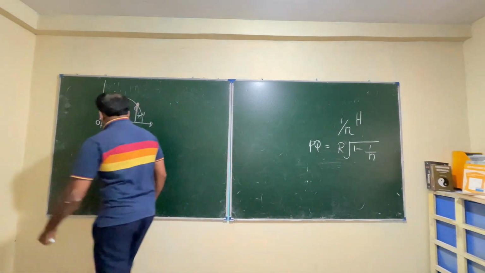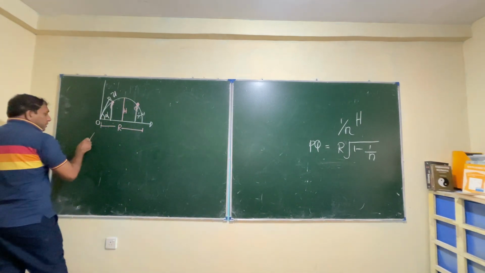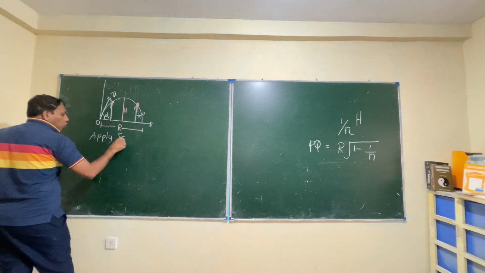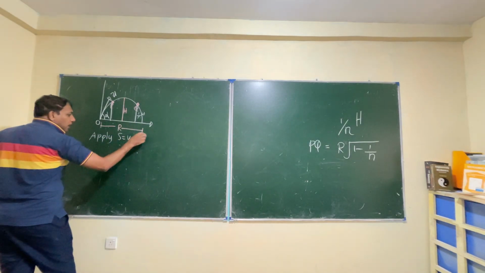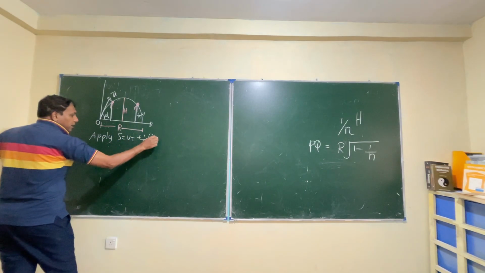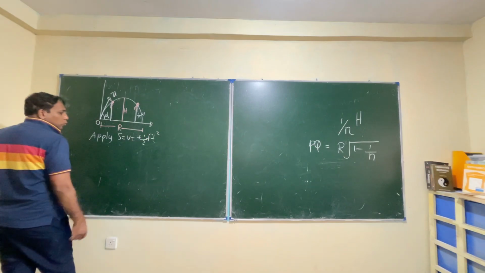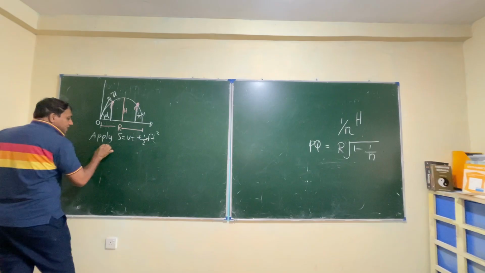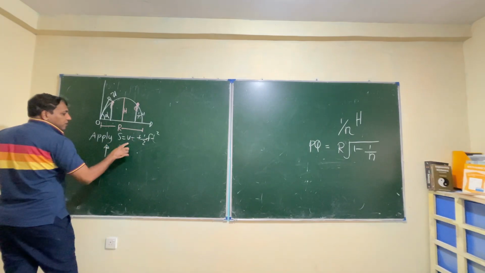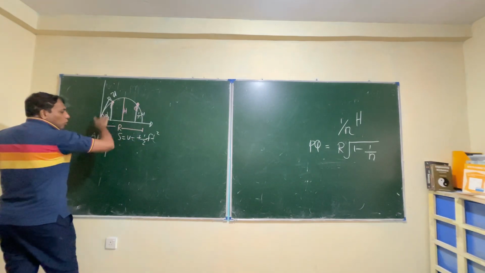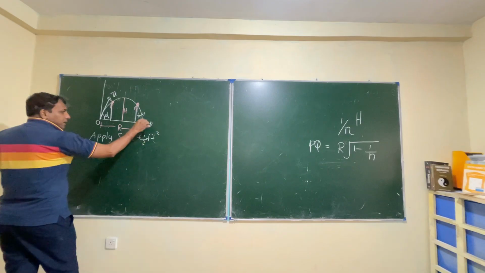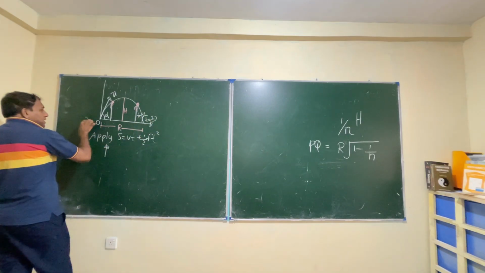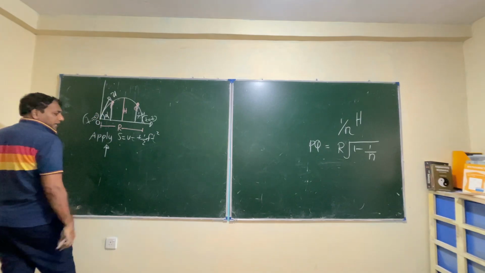Okay, so copy this and apply s equals ut plus half ft squared. Apply it vertically to the whole motion, right? Total motion. I take time as t, and time is 0 at the projection, initially.